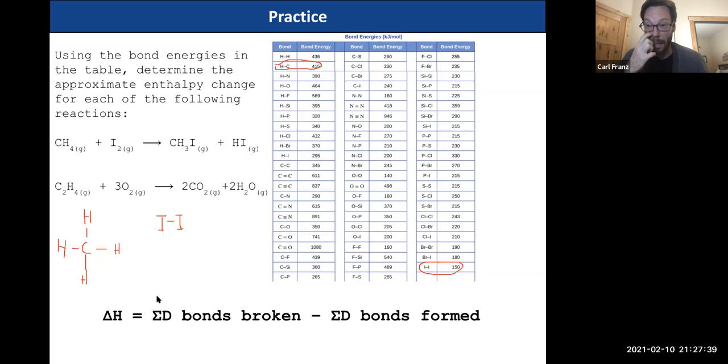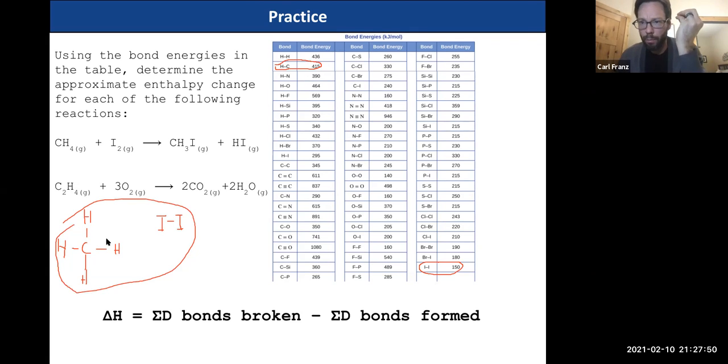And again, in this case, you take the bonds broken. So you take the associated bond energies of the reactants minus the bonds formed, the products. So it's the reverse of the previous way, okay, of just going straight to the enthalpy changes.